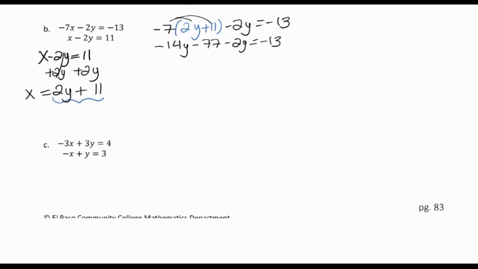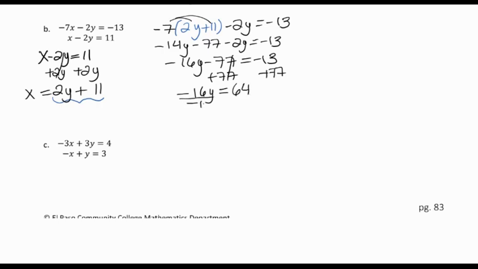Then we combine like terms. So we have negative 14y and negative 2y is negative 16y. Minus 77 equals negative 13. We solve for y. So add 77 on both sides. So we have negative 16y equals negative 13 plus 77, which is 64.